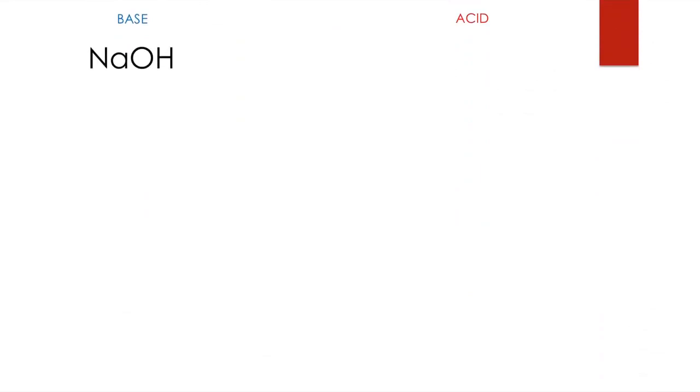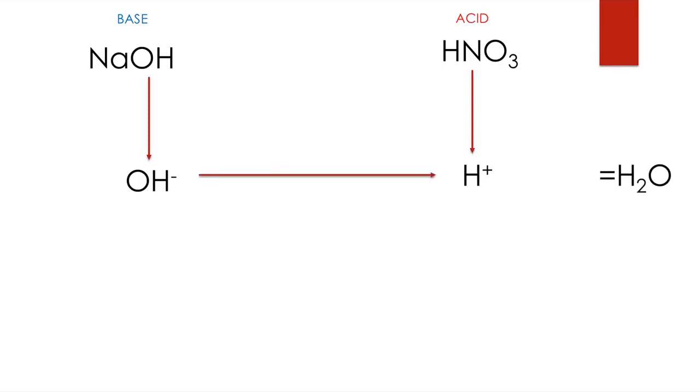Let's take another example. Let's say we have base NaOH and we have an acid HNO3. NaOH is sodium hydroxide, HNO3 is called nitric acid. Both of them are strong. NaOH produces OH ions, as we know it is a base, and HNO3 is an acid, so it will produce hydrogen ions. When OH ions and hydrogen ions react, they will form water.